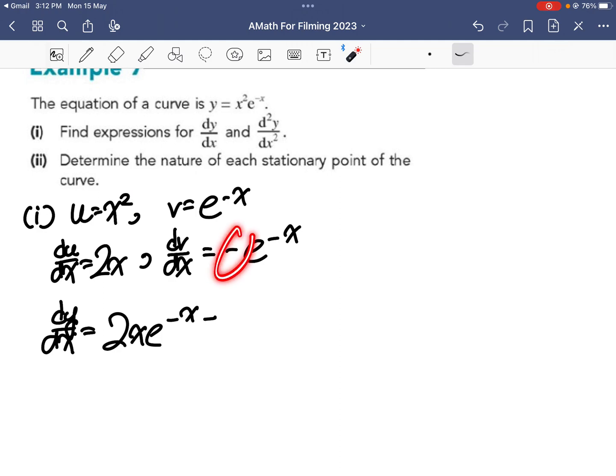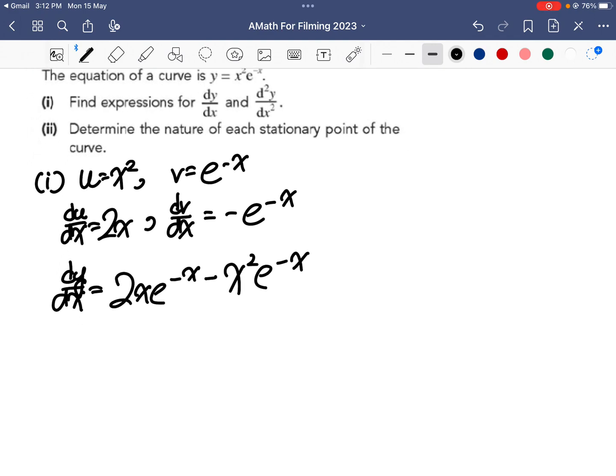So it should be a plus, but plus and minus gives you a negative there. So I get negative x squared e to the power of negative x. If you would like, you can factorize e to the power of negative x. Then what I'm left with is 2x minus x squared.